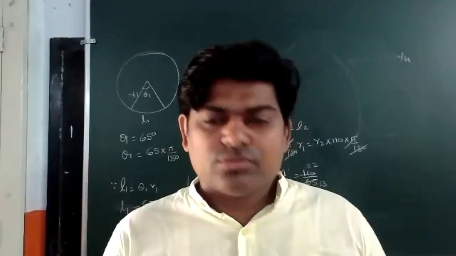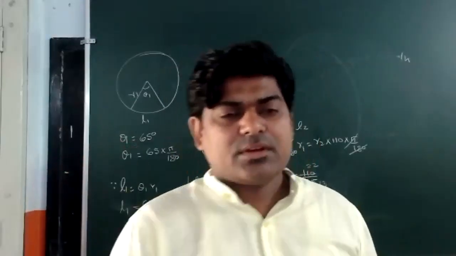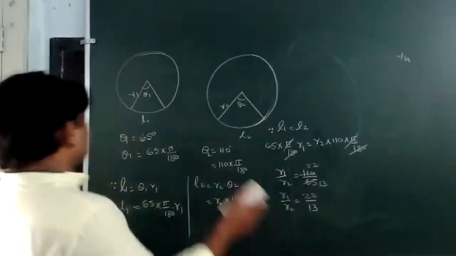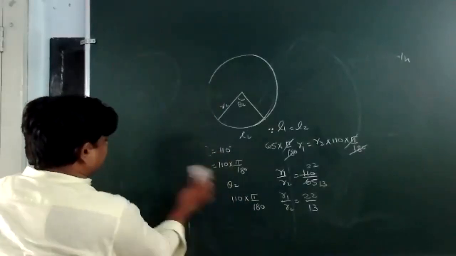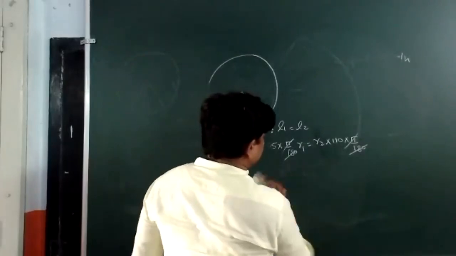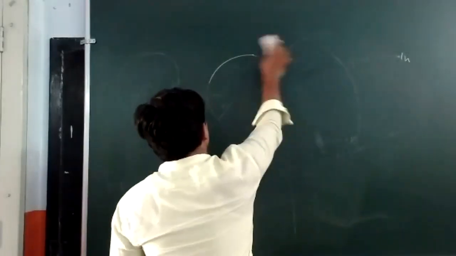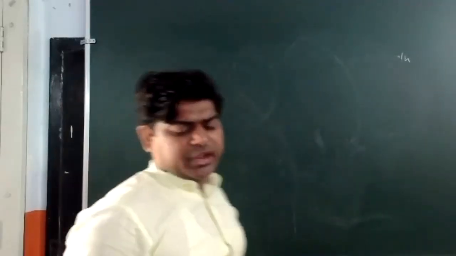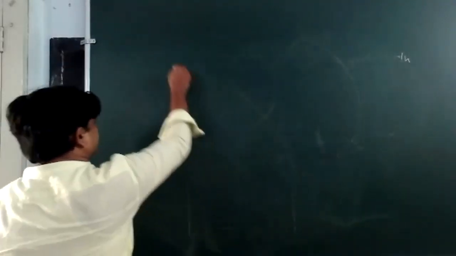Okay. Now, question number 16. I think all of you know about the clock, and when it is 3:30, at which place the minute hand will be and at which place the hour hand will be. You know very well. Listen to me very carefully.